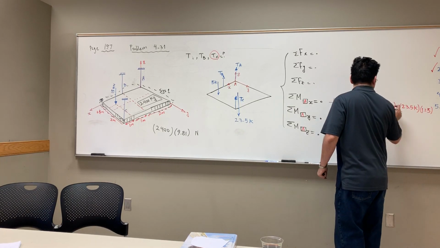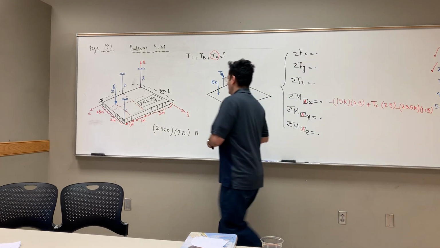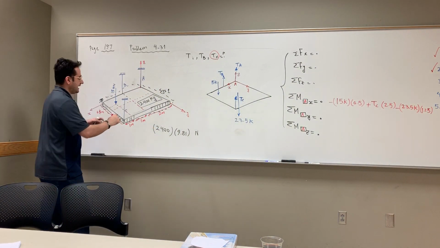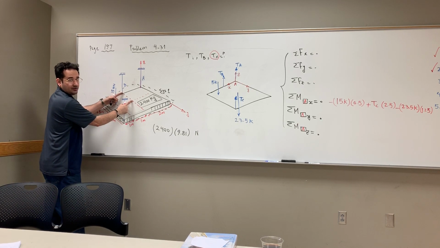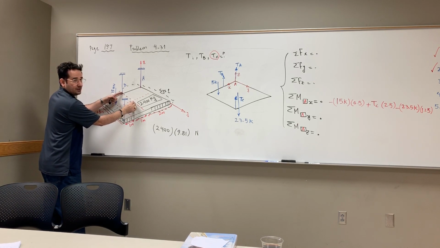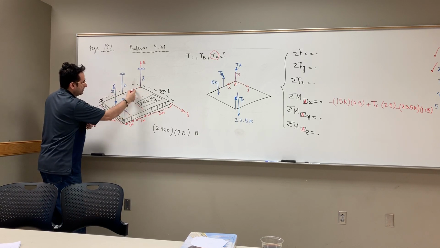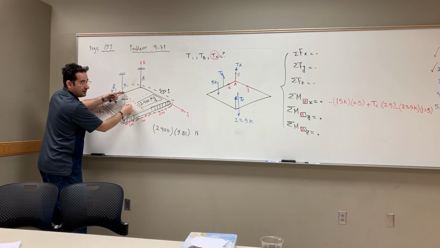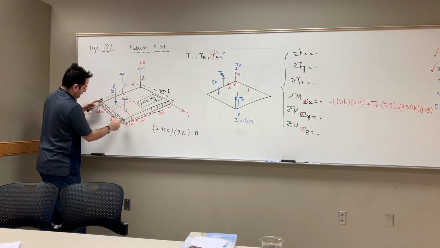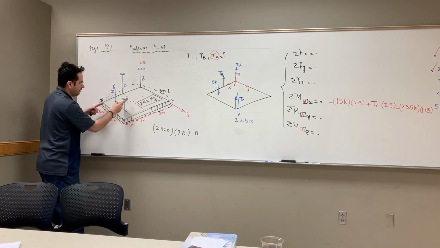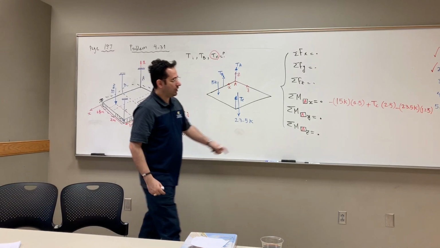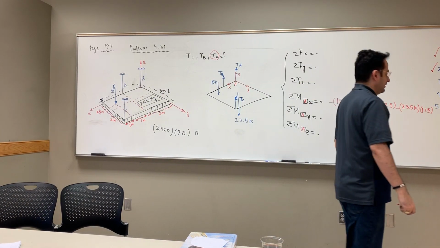Negative. You multiply by this distance because gravity is going this way, so you generate a rotation like that with respect to this x-axis. What is this distance? It's half of 2.5, so 2.5 divided by 2, 1.25.